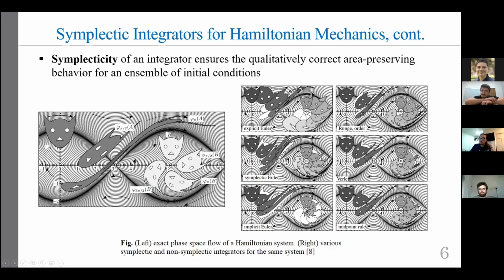The implicit Euler method, which also isn't symplectic, is a stable method, but the reason it's stable is that essentially it always collapses solutions down, so it damps solutions. Here it causes the area to shrink. In contrast, the symplectic Euler method preserves the area of the phase space.